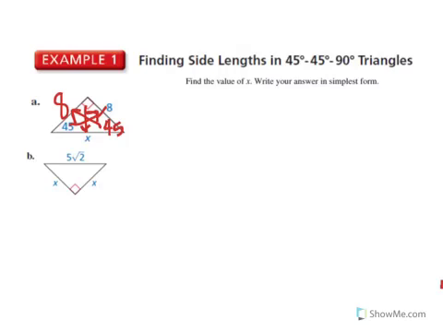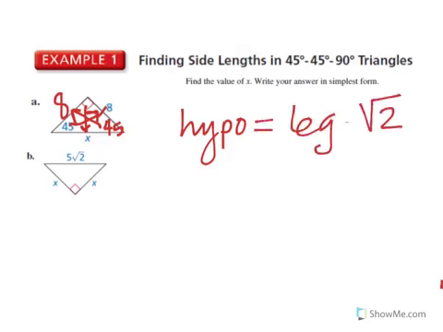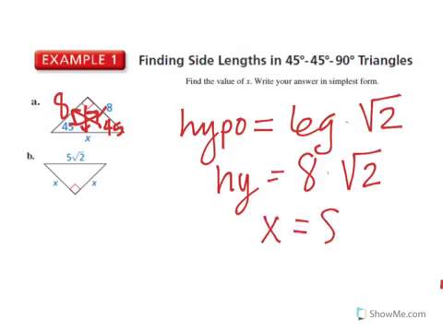So if we go with that formula, which is the hypotenuse equals leg times the square root of 2, we know our leg is 8, so 8 times the square root of 2 is going to equal our hypotenuse. So the hypotenuse, which is x, equals 8 square roots of 2. That's how we're going to solve for A.